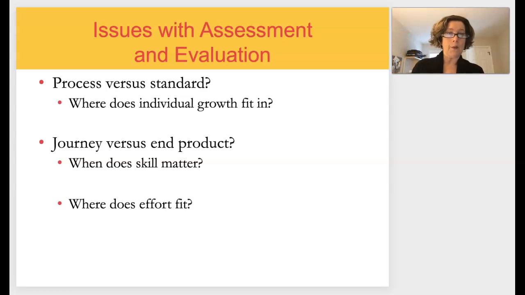Again, we'll talk more when we talk about standardized tests, but I want to get it all churning in there. And process versus standard. What if a child gets to the same answer but goes a different way? Is that okay? Or do we still want all kids to get to the same answer the same way?